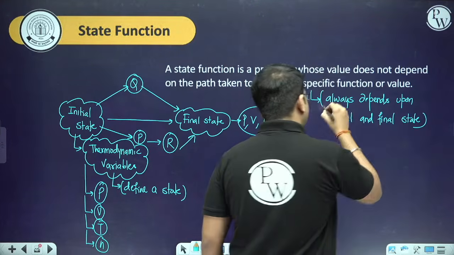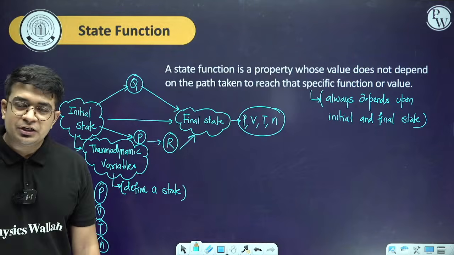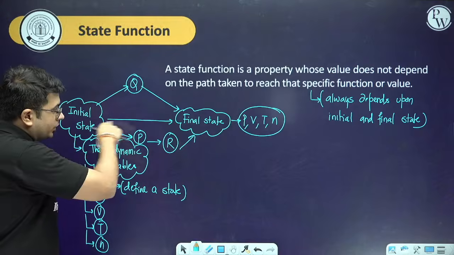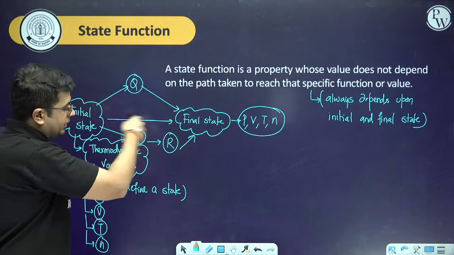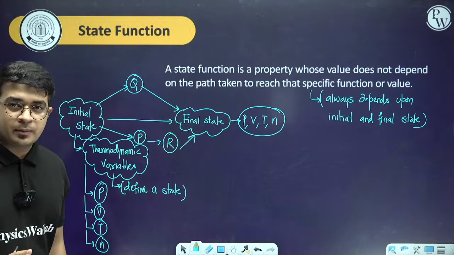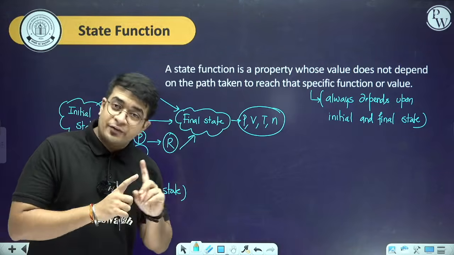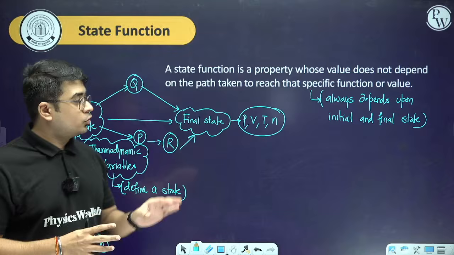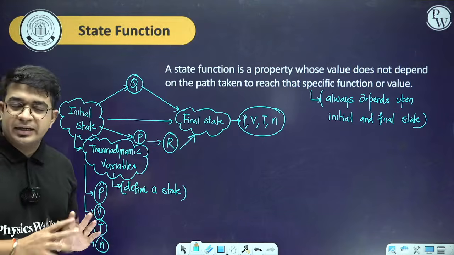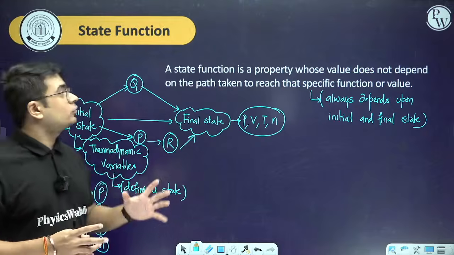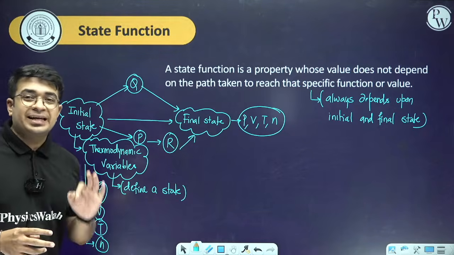It only and only depends upon the initial and final state. It doesn't matter whether you are going directly or indirectly or with another pathway. Whenever you are going from the initial to the final state, the value always depends upon the initial as well as the final state. It does not depend upon the pathway you have taken. That particular property is known as your state function.